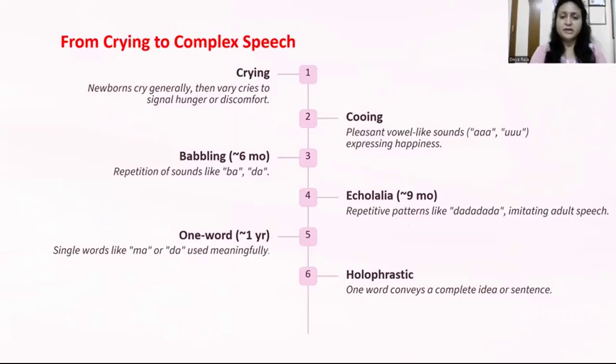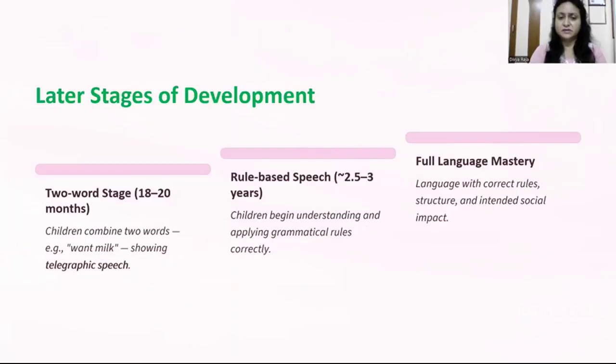So, speech, like I said, language development follows a pattern from crying and then cooing to babbling at 6 months, echolalia at 9 months, and then one word which is used meaningfully, the child knows the meaning of that word, at around 1 year. Then holophrasic, where one word becomes a sentence.